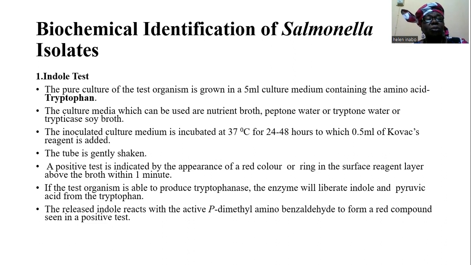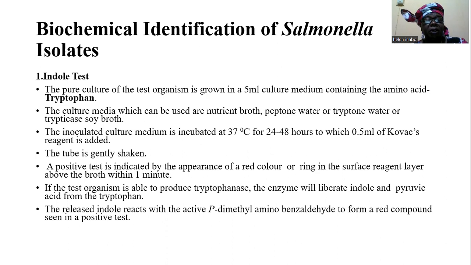Now, what's the principle behind this test? If the test organism is able to produce an enzyme known as tryptophanase, this will break down the amino acid tryptophan to liberate indole, pyruvic acid, and ammonia.